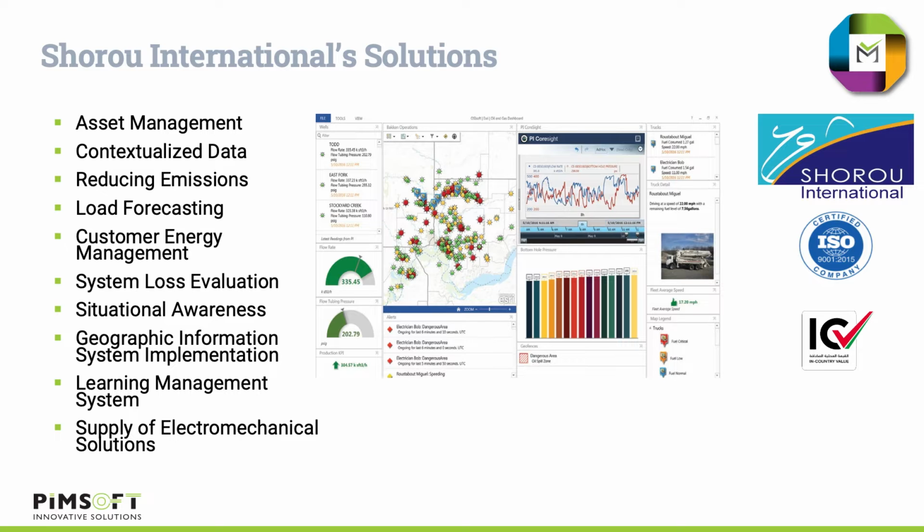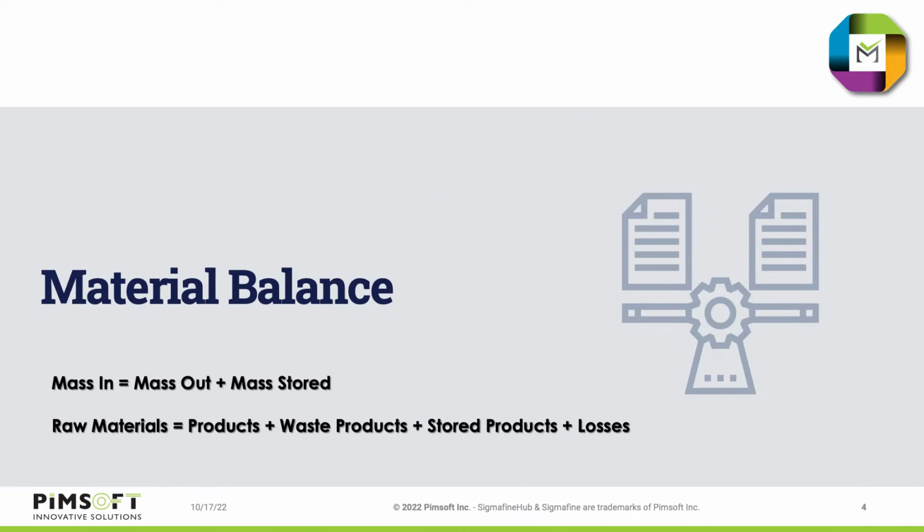Apart from this, Shuro International's portfolio of solutions also includes GIS implementations, learning management systems, predictive analytic solutions, and electromechanical solutions. So let us dive straight into our topic, material balance.